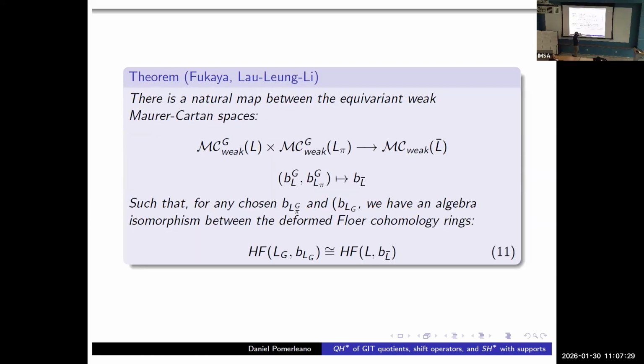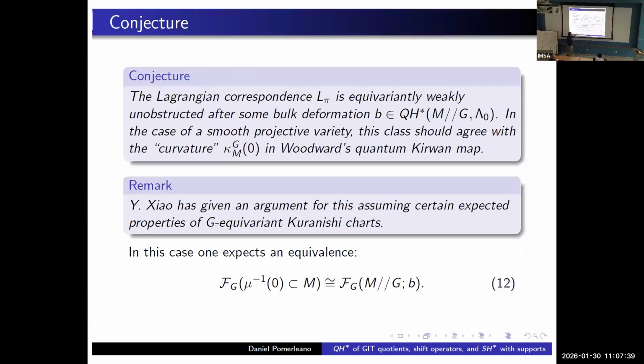what Denis was saying is that a priori these are just bounding cochains in the Floer algebra, but there should be some sort of ambient bulk deformation of the category that makes this Lagrangian correspondence unobstructed.